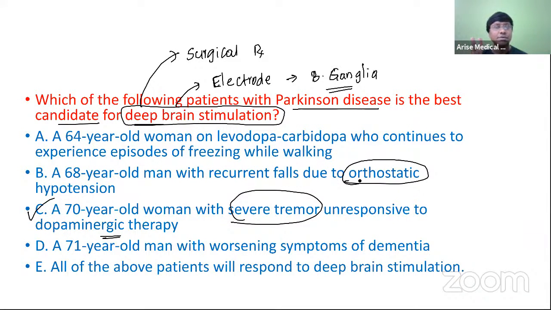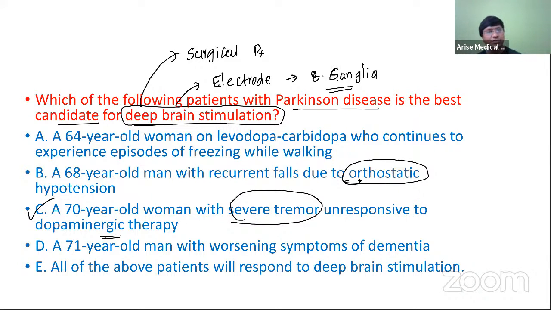Number 2, levodopa induced motor complications. We use this deep brain stimulation. It will not resolve freezing, will not resolve orthostatic hypotension, will not resolve dementia. So that is the reason why the answer to this question is C. A 70-year-old man with severe tremor, unresponsive to dopaminergic therapy, is the correct statement.